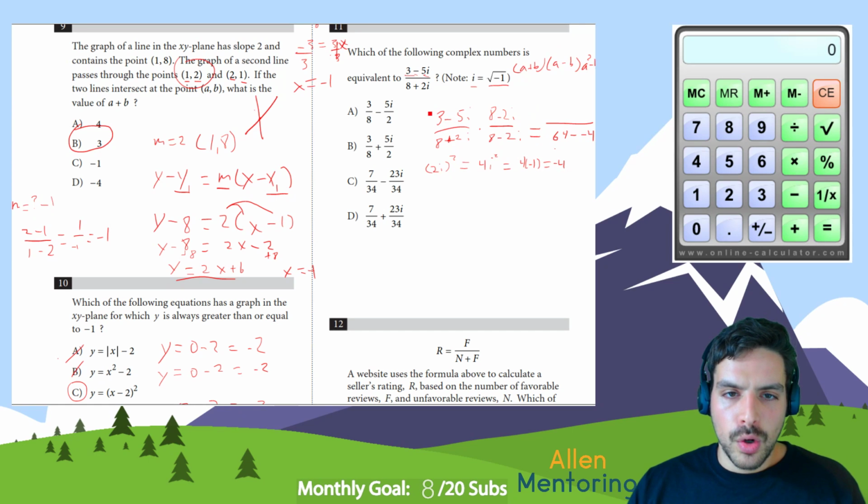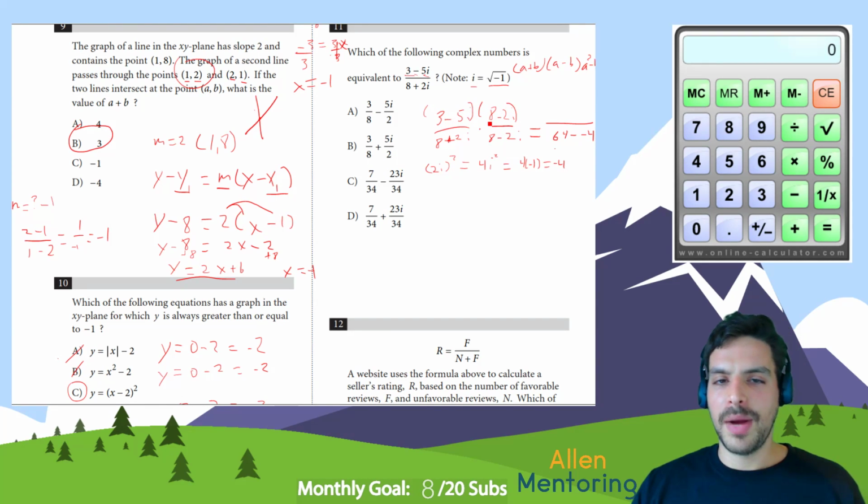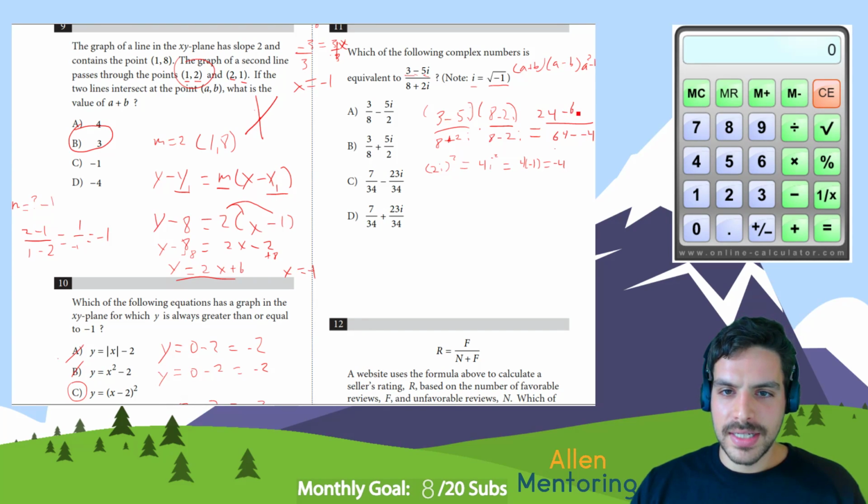And our numerator, we are just going to FOIL, just like any other binomial. So FOIL, first times first is 24. Outer times outer is minus 6i. Inner times inner, I'm sorry, this is 5i, right? Yep. Inner times inner is minus 40i.